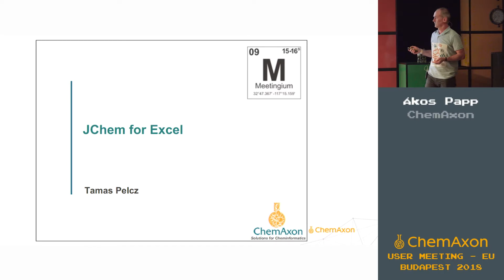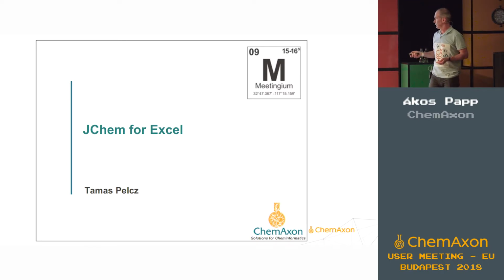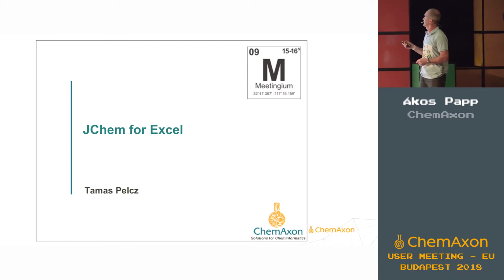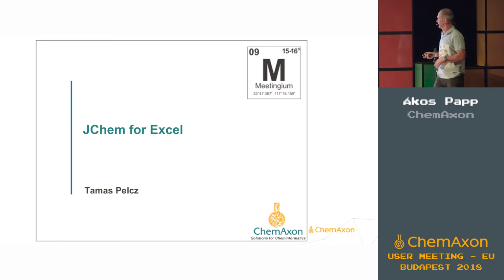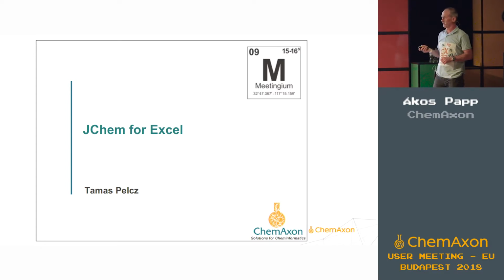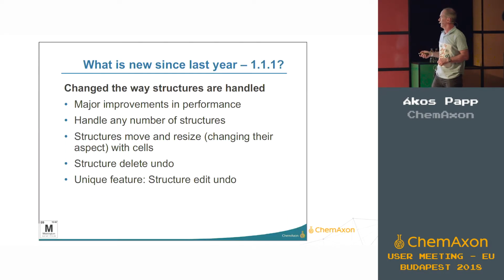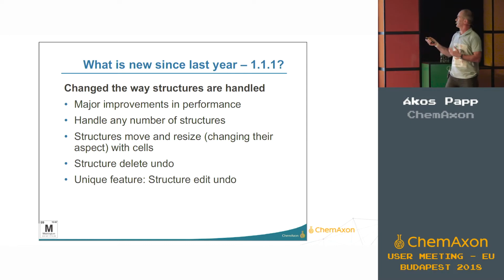I just found this. Maybe several of you know that Tamás Pelc invented JChem for Excel. And this was in 2009, May the 15th, 16th, I think. This was the time. And the only thing that I found, the first slide, what happened since last year.